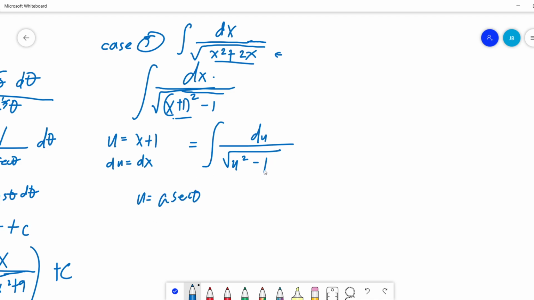What is our a? 1, right? So therefore 1 sec theta. So our u is only sec theta. Not complicated. So du is equal to secant theta tan theta d theta.